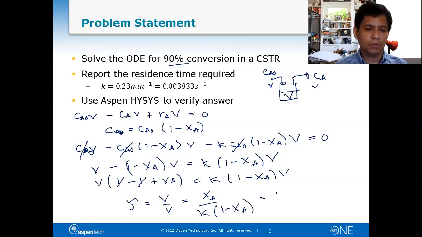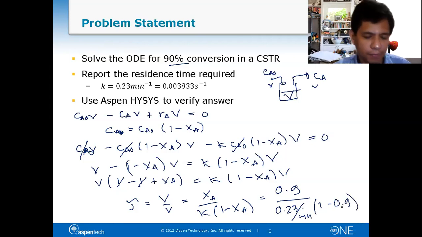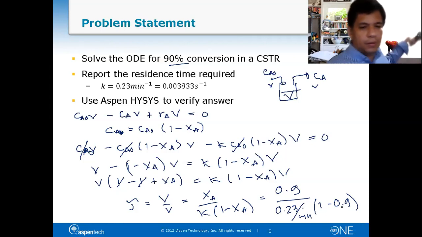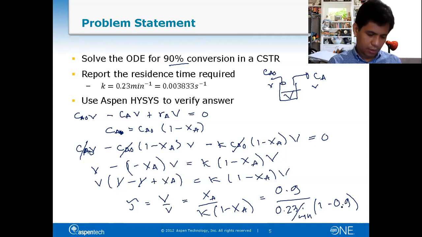So if you're going to substitute the given, XA is 0.9, tapos k is 0.23 per minute, tapos 1 minus 0.9, and then just use your calculator. You're supposed to get 39.13, ano? 0.9 over 0.23 times 0.1 is 39.13.